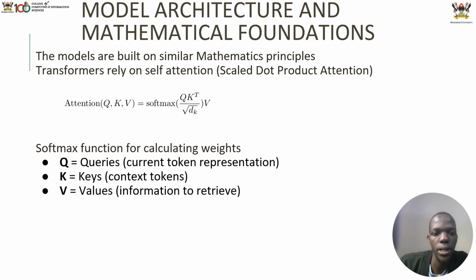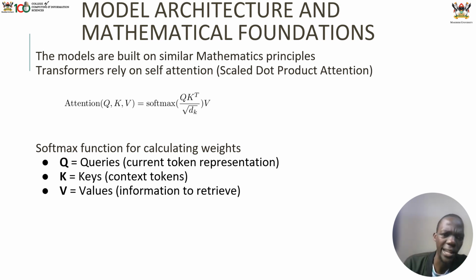And here we take the query and the transpose of the key over the root of the dimension of a given system, be it Llama. For the transformer, I think it is 512, so it will be root of 512. Then after that, we get the softmax of that, then we multiply by the value embedding.